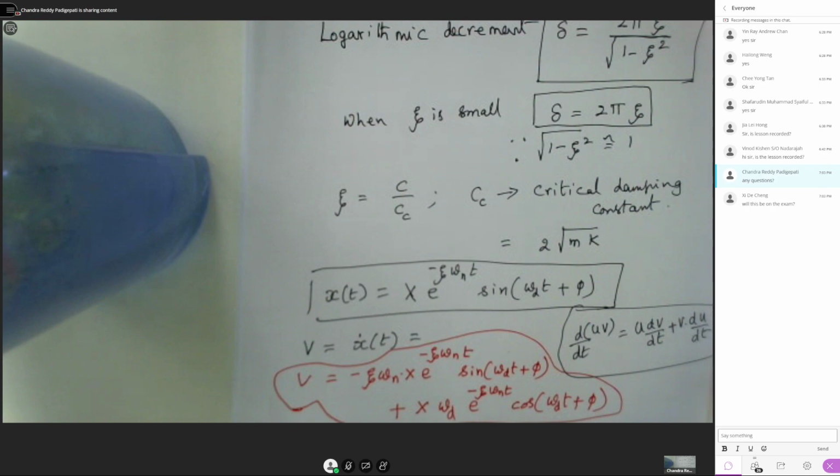Derivations will not be asked. You may have to apply these equations if the person asks you to calculate the velocities.